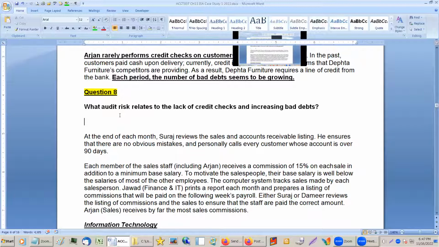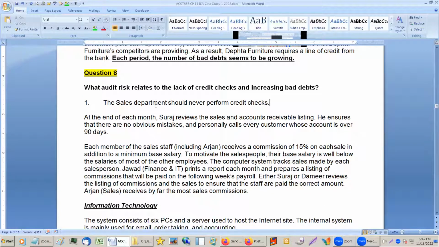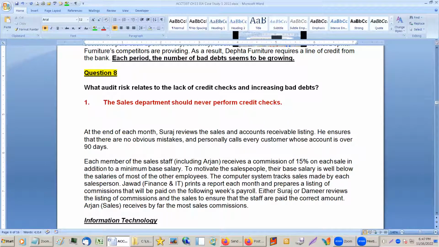Okay, so let's number these. So one, the sales department should never perform credit checks. That's a no-no. Should be somebody outside of the sales department.